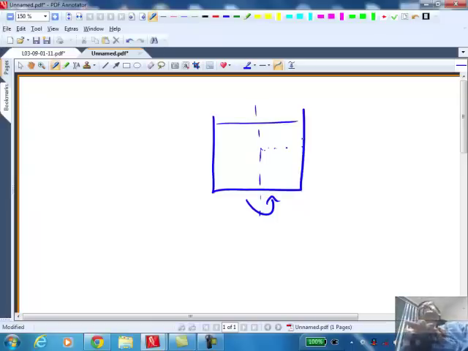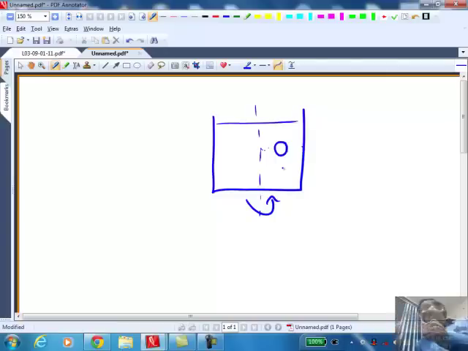Centrifugal force. Okay, so if in such a situation I put a particle that has a density that is heavier than the liquid, what do you think that particle will do? It goes towards the wall. Yeah. If I put a particle that is lighter, it'll go to the center.